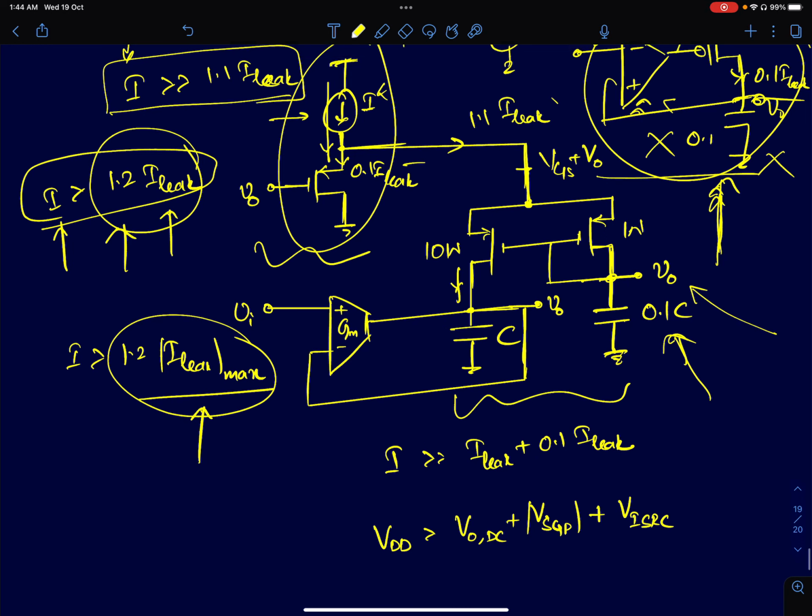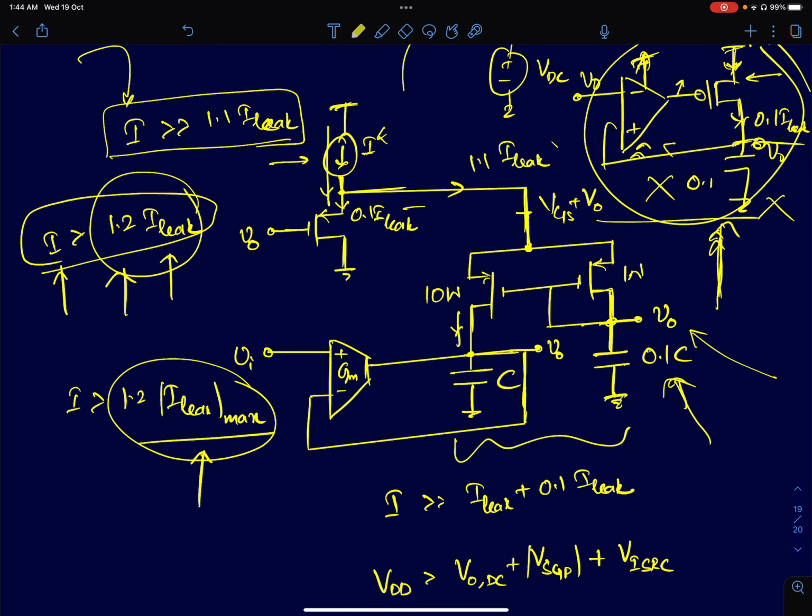The second thing that you have to ensure is this circuit will also need a larger VDD. If V0 is the output DC voltage, then the voltage at this node will be V0 DC plus 1 mod VGS. Now VGS is actually 1 VT plus some extra overdrive, which can be a very large voltage in low voltage technologies.